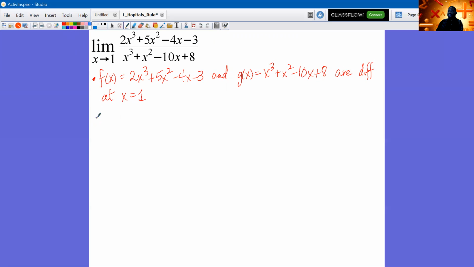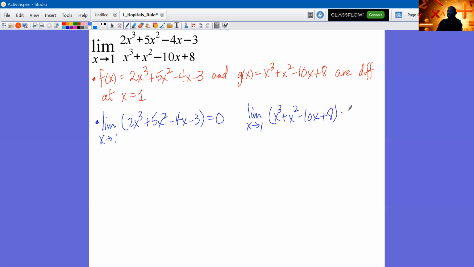Next, I'm going to check indeterminate forms. So both of these evaluate to 0. So now I can use L'Hopital's rule.